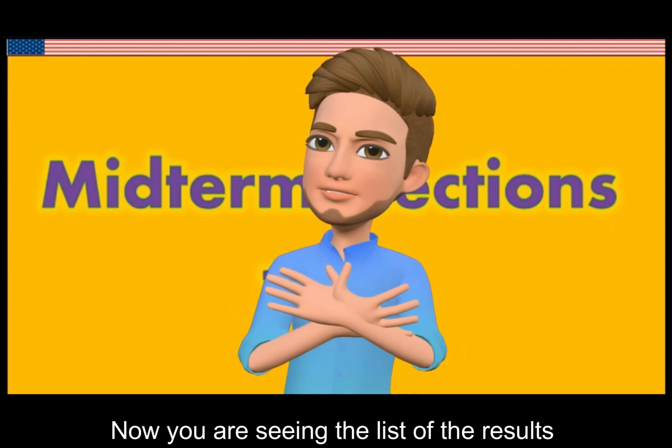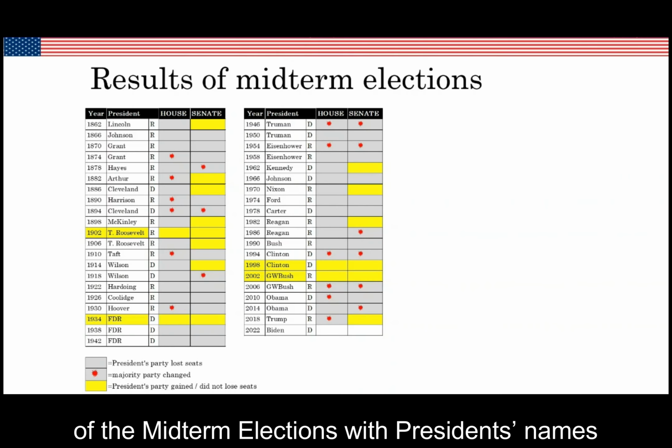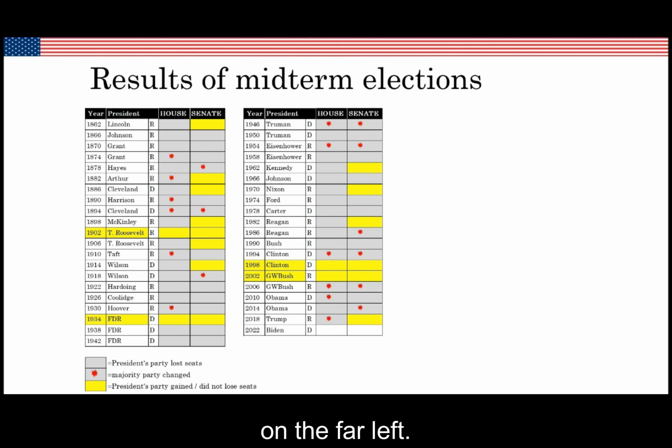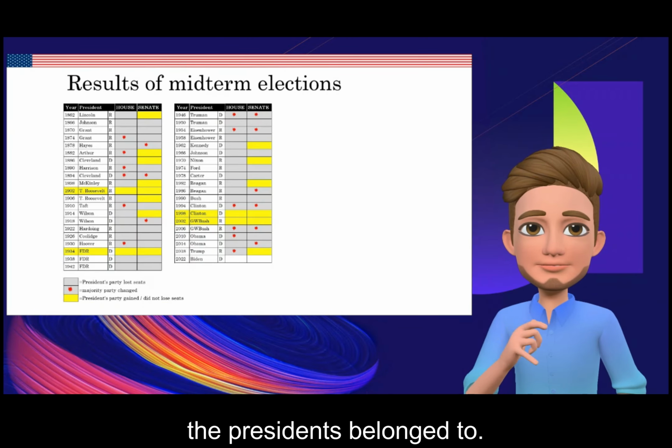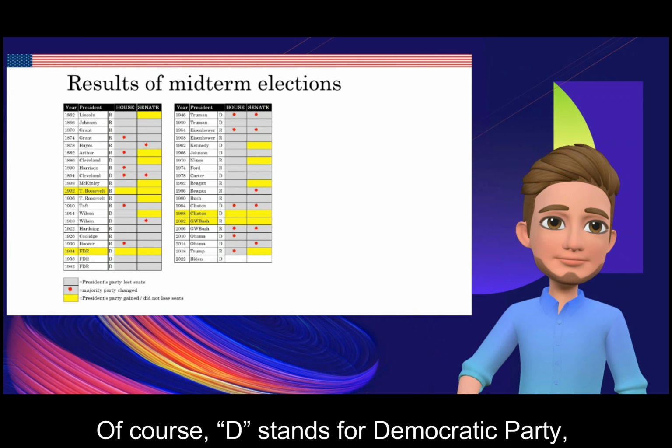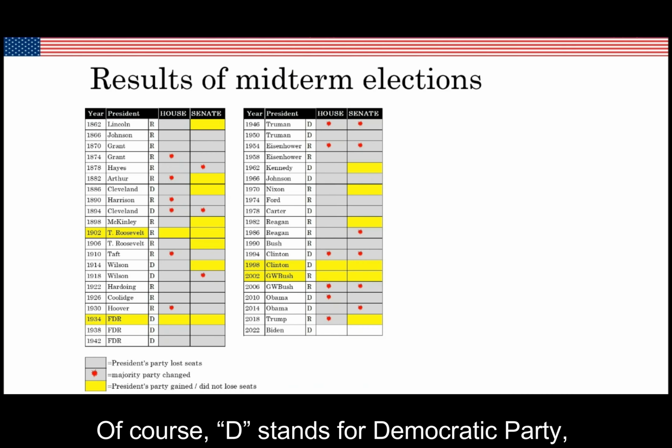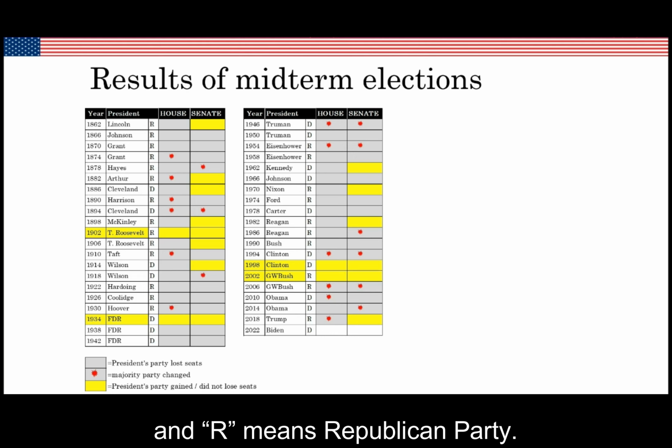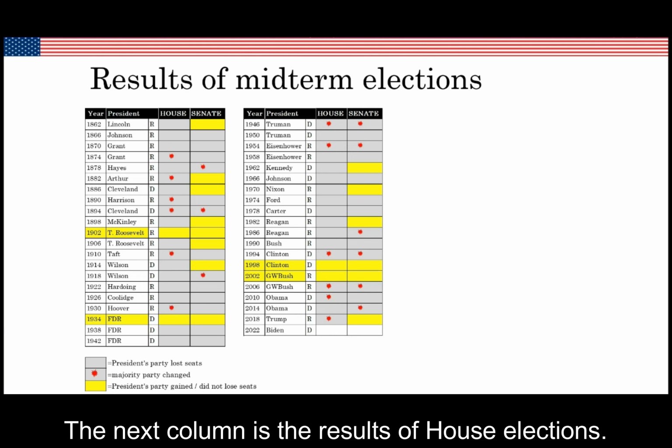Now you are seeing the list of the results of the midterm elections with presidents' names on the far left. And the next column is the party the presidents belong to. Of course, D stands for Democratic Party and R means Republican Party. The next column is the results of House elections.